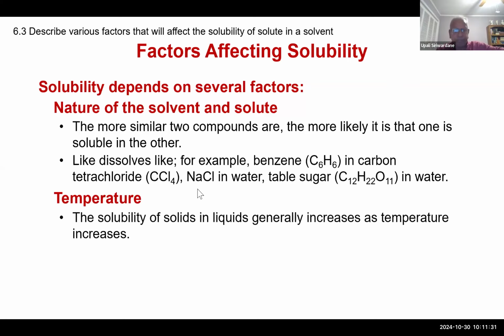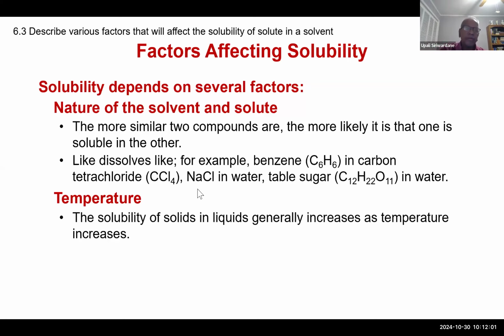We talked about pressure in the previous slide. Pressure has an effect only on gas solubility in liquids. Temperature affects solids, liquids, and gases. Normally, for solids and liquids, an increase in temperature means increased solubility, but there are a few exceptions.